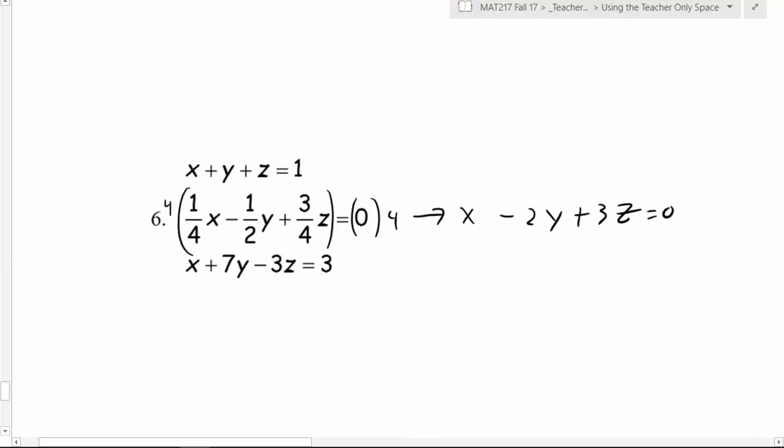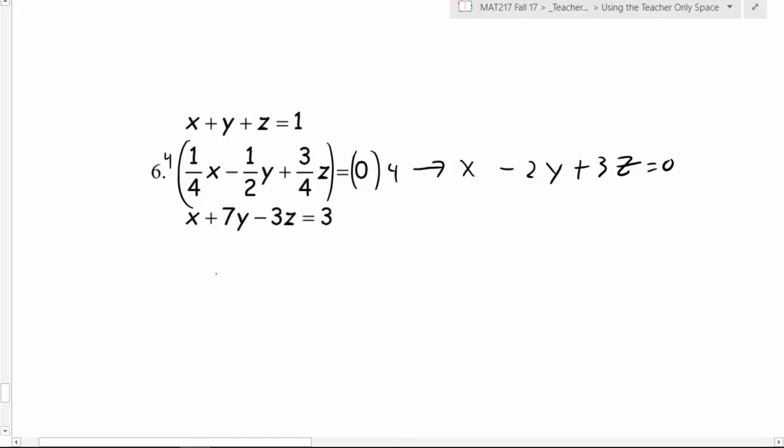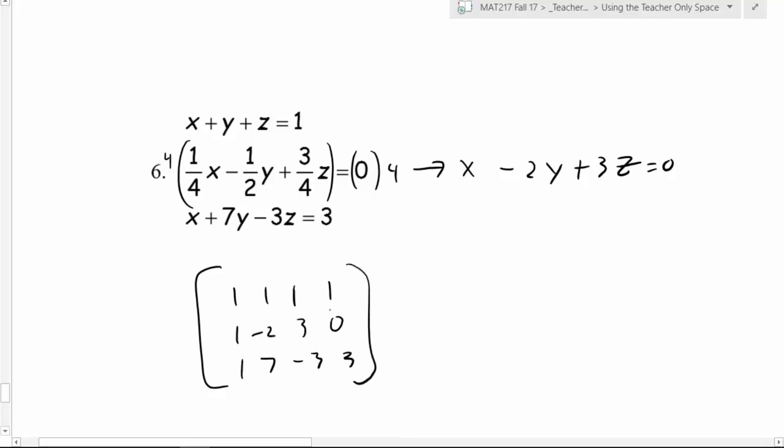If it's legal in algebra, it's legal in a matrix. So if you had this in your matrix, instead of typing in 1/4, negative 1/2, 3/4, and so on, you could just type in 1, negative 2, 3, 0, and that's absolutely fine. Or you could do that multiplication in the matrix. You could have all the fractions here, and then multiply row 2 times 4 and clear out those fractions. That's totally legal.